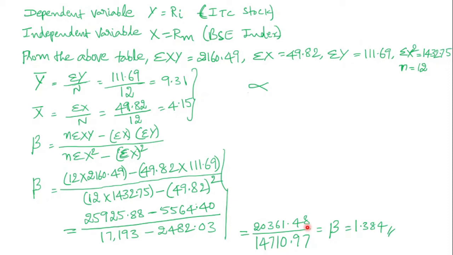After getting this value, when we divide, we will get the beta of 1.384. After getting the beta value, that is beta is equal to 1.384, we have to calculate the alpha value.